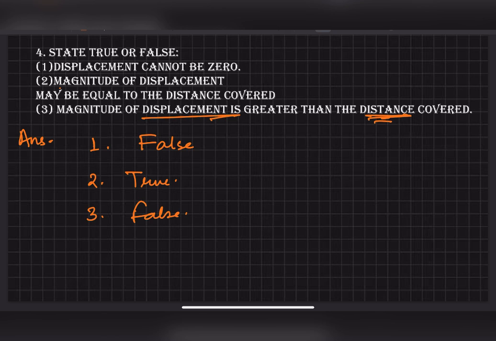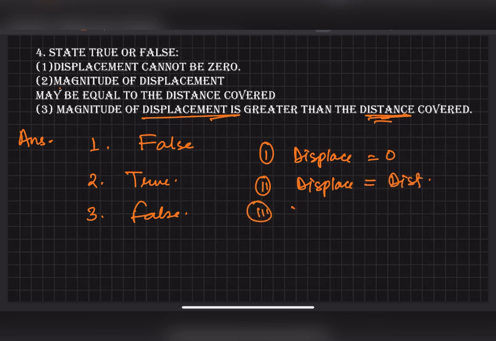So if I need to conclude whatever we have discussed so far, how shall I conclude? First point is displacement can be zero. Second point is displacement can be equal to distance.